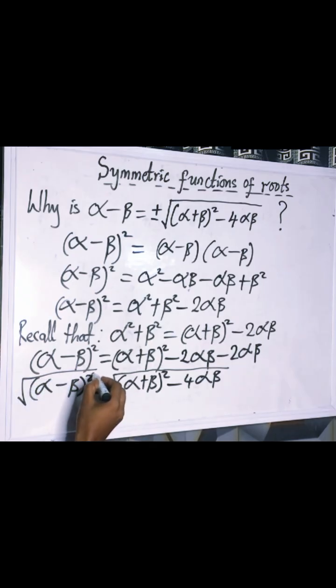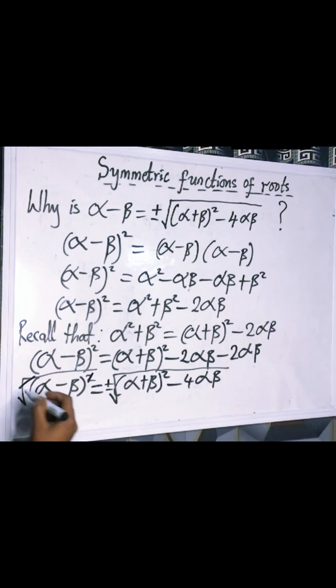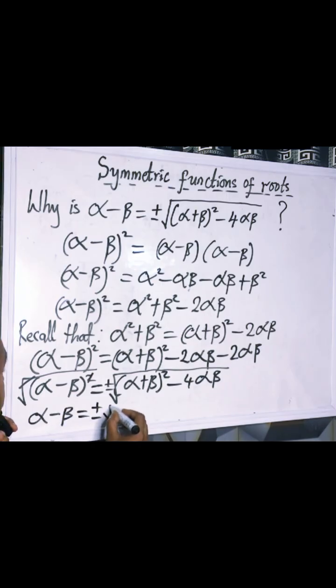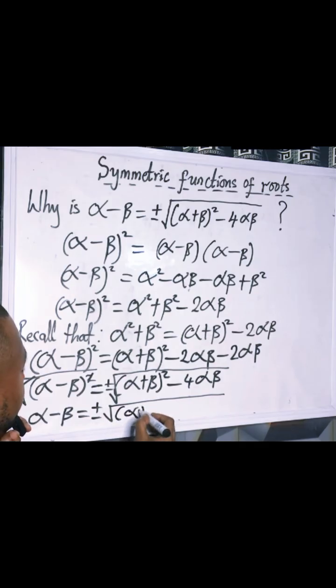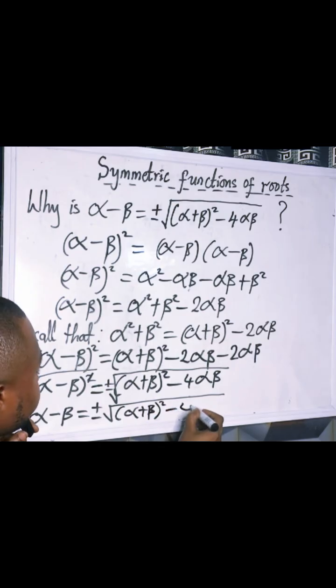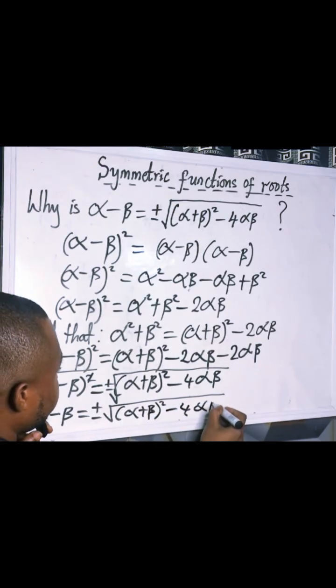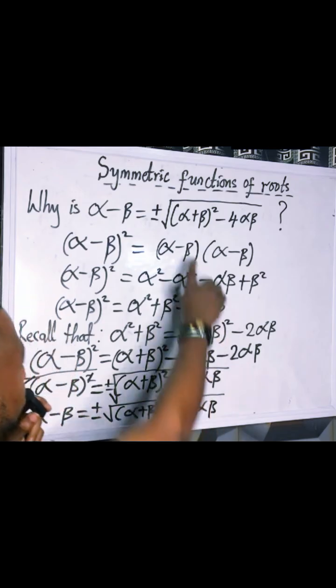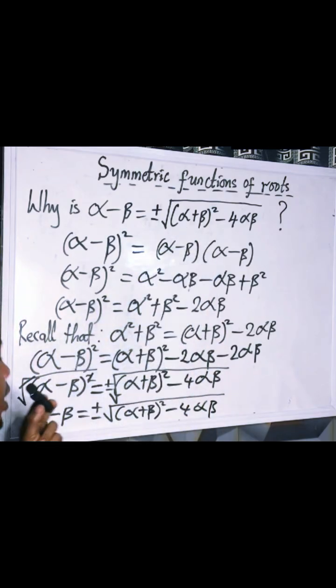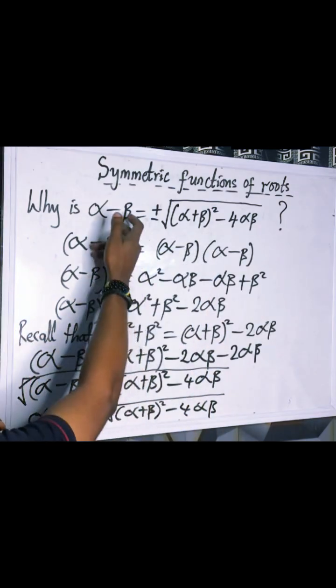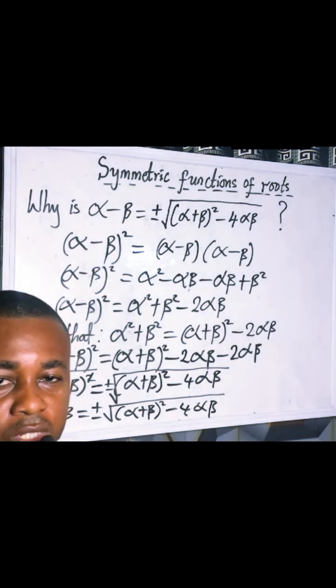So the square cancels the square root, and your alpha minus beta will be equal to plus or minus the square root of, in brackets, alpha plus beta both being squared minus 4 alpha beta. This becomes what we have right here. So this is how these identities were derived.